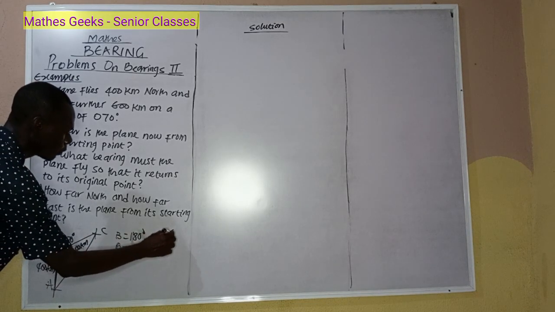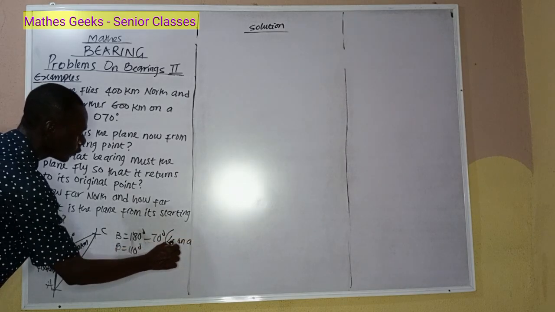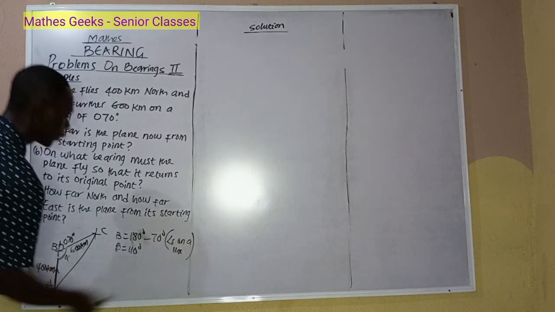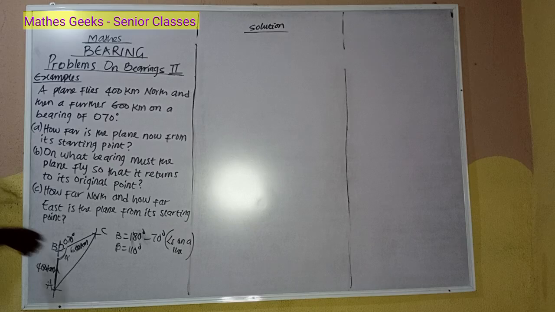The reason is angles on a line. This and this are angles on a straight line, so you get angle B.